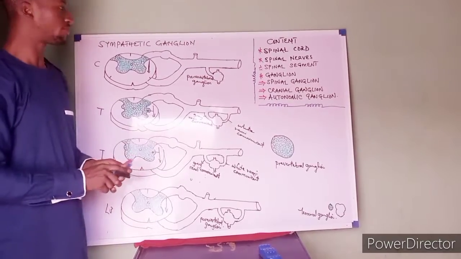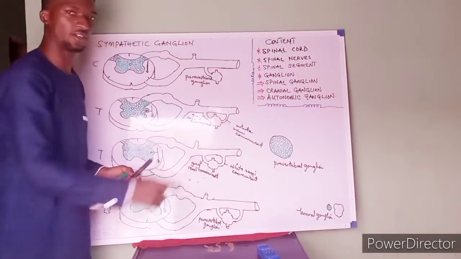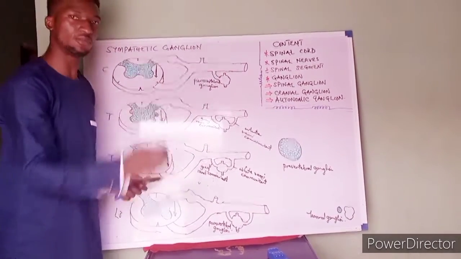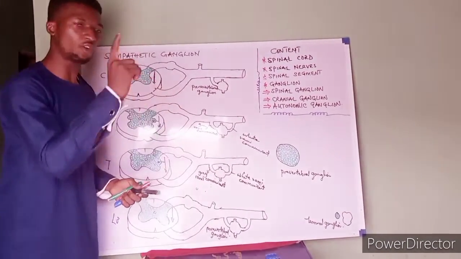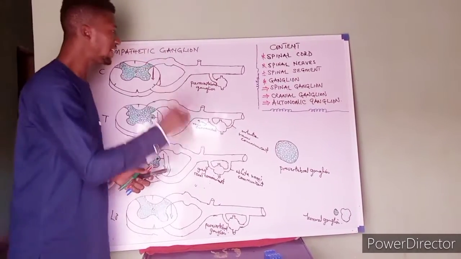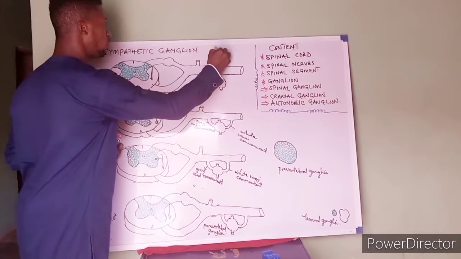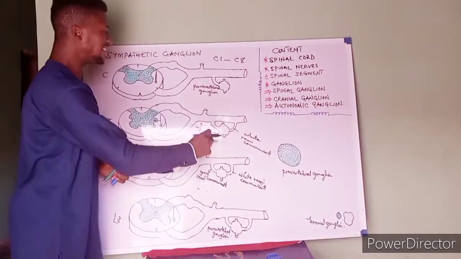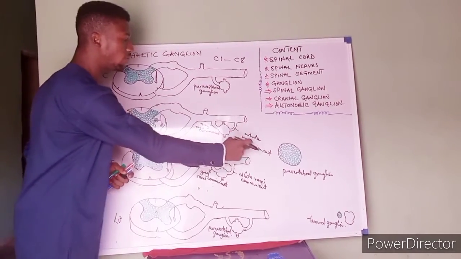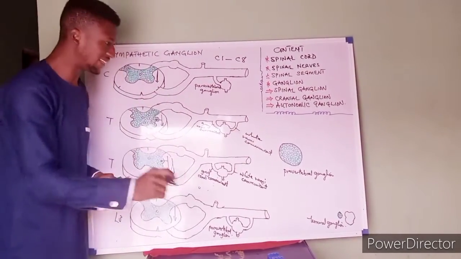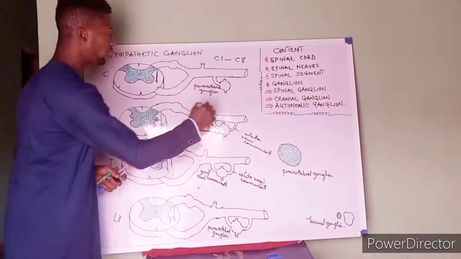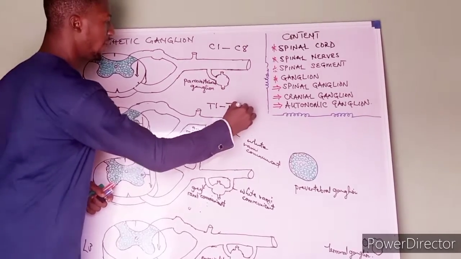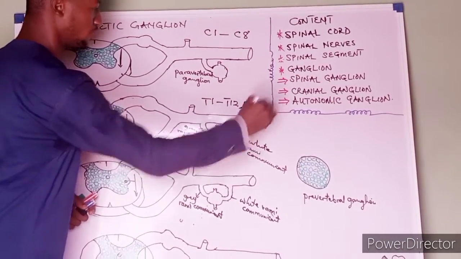In this case, what is associated with these ganglia are the gray rami communicantes and white rami communicantes. But the white rami communicantes are only present at the level of C1 to C8, while the gray rami communicantes are present throughout. Both are present from T1 to T12 and even from L1 to L2.